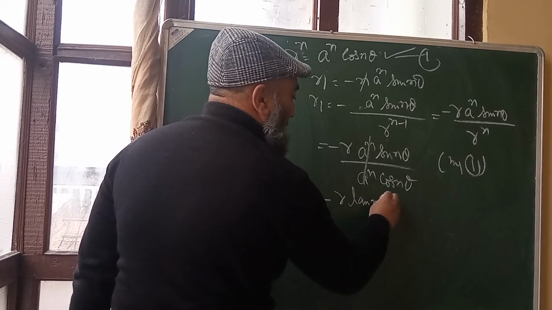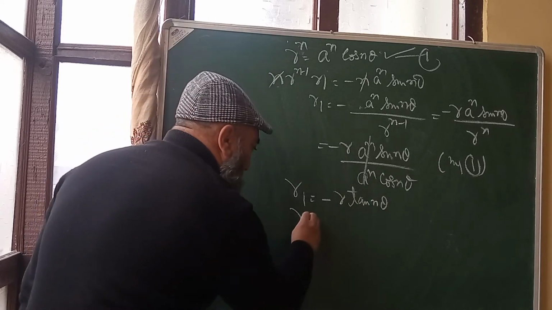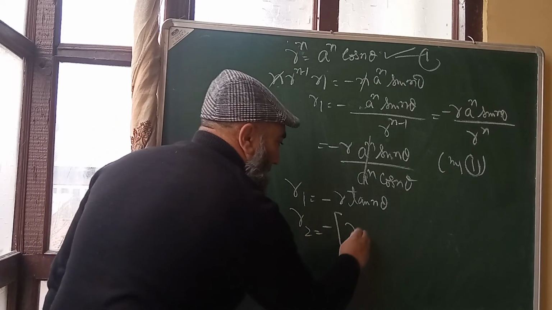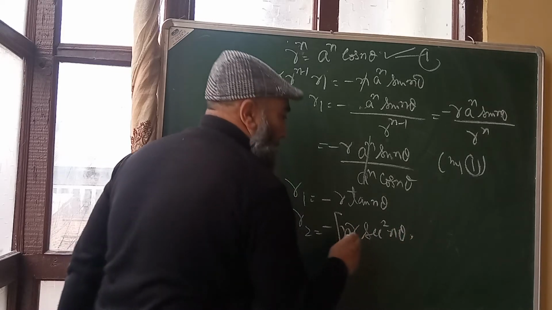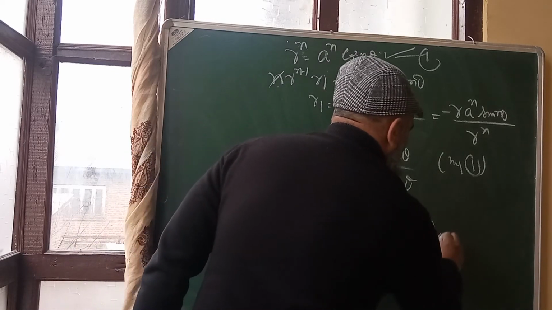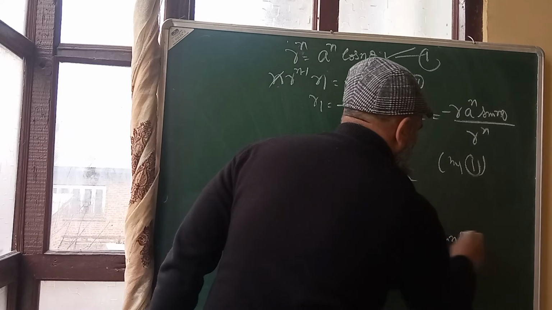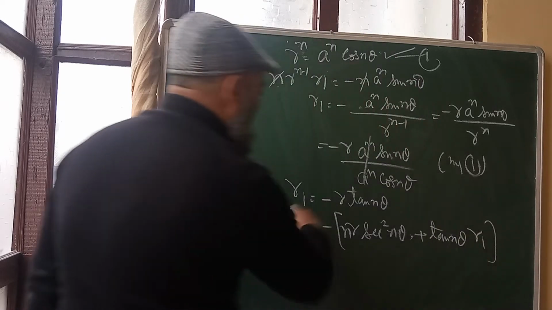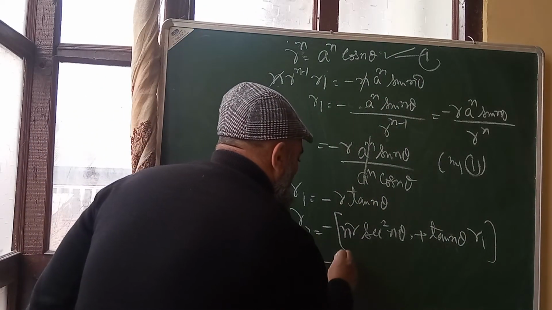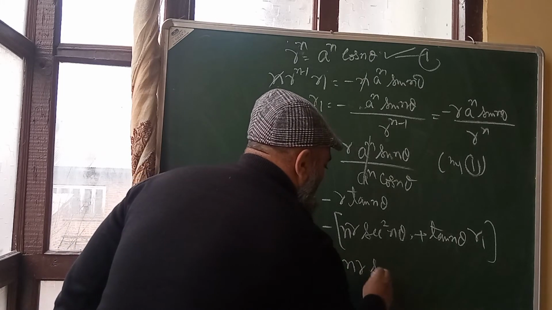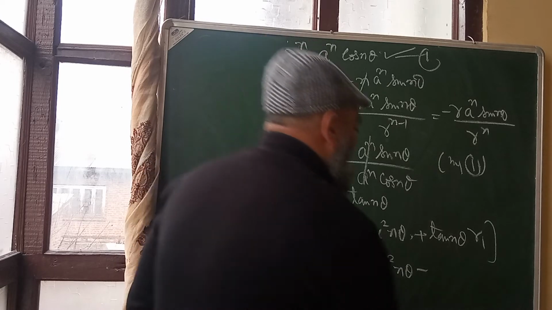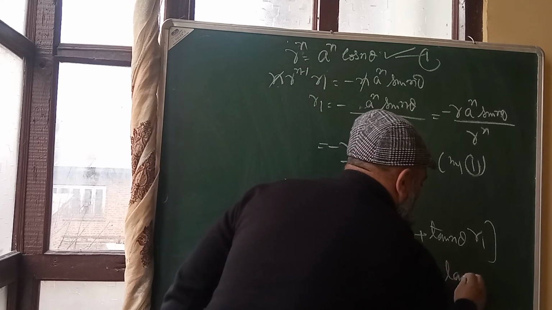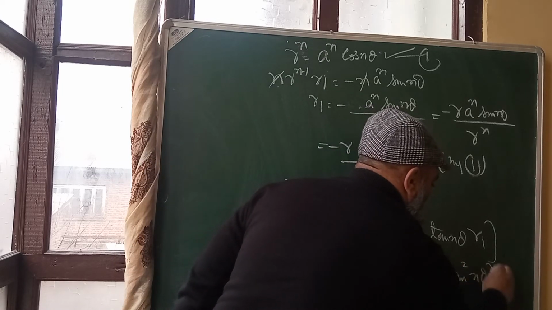Now things will be easier. What is r2? Minus r sec square n theta into n, then tan n theta as it is times the derivative of r, which is r1. Now your r1 is given. So minus n r sec square n theta minus r tan square n theta.